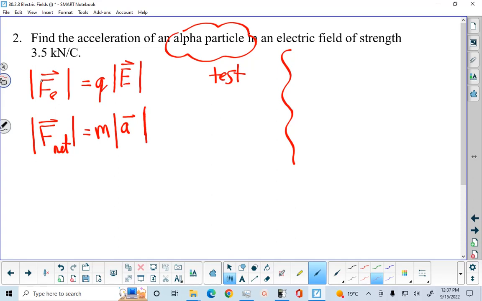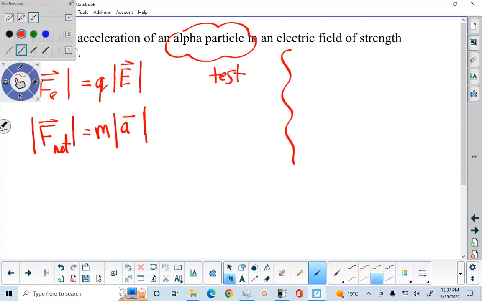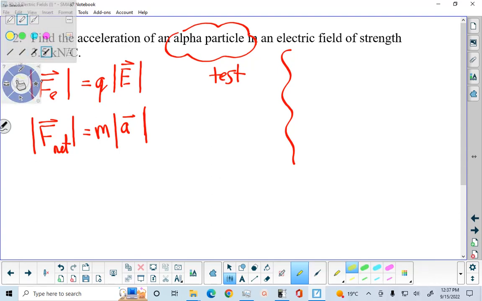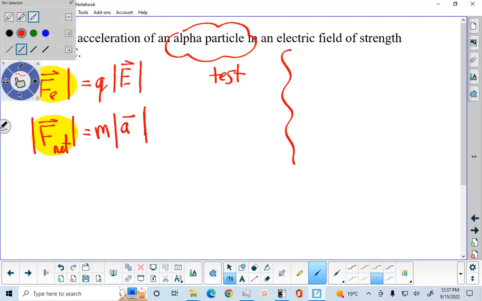The idea here is that when the alpha particle is in the electric field, the only force on it is the electric force, which means the electric force is the net force. And what that means is we can take QE and set it equal to MA to answer the question.